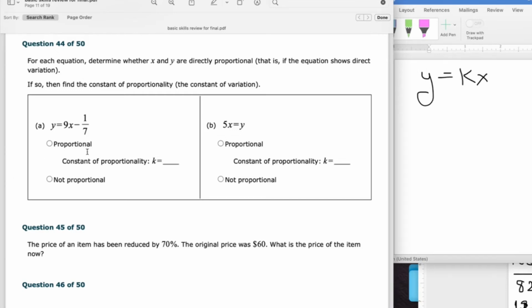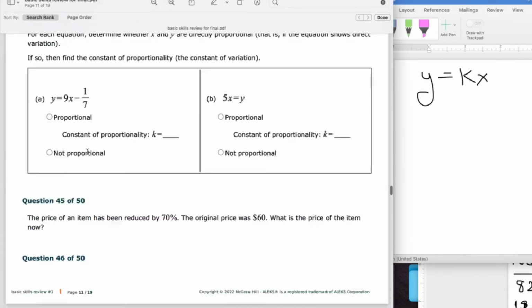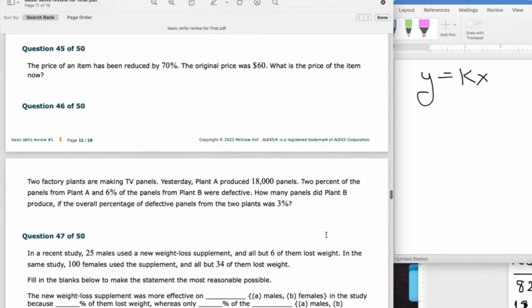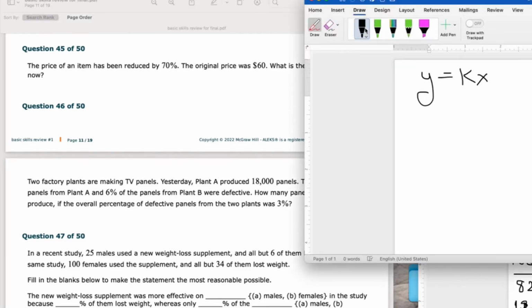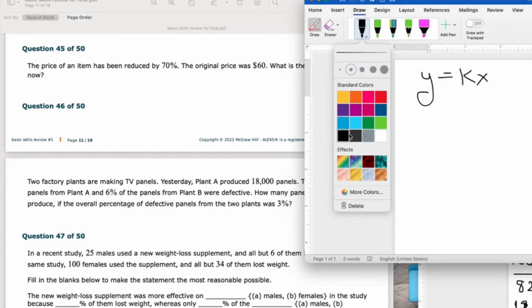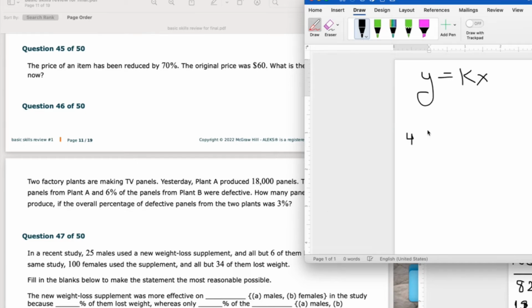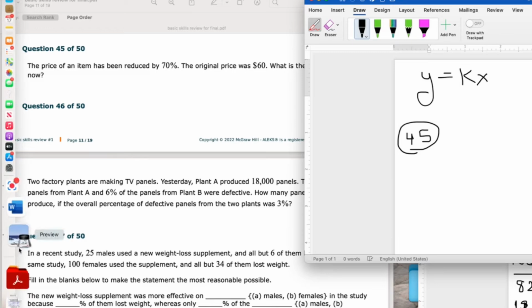So when you're looking for proportional, you're looking for it to be a line that has a 0 y-intercept. And so now we will go on to question number 45. Let me write that down, 45, so you know where you are as you follow this PowerPoint.